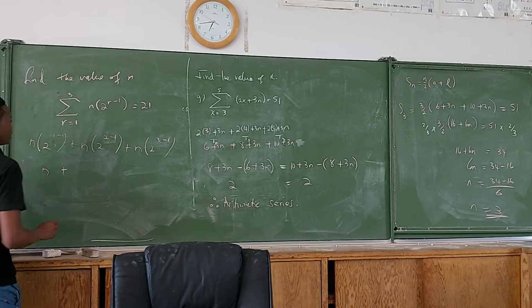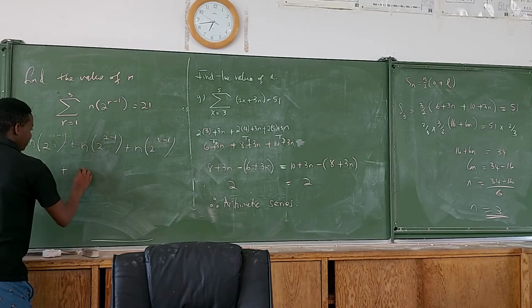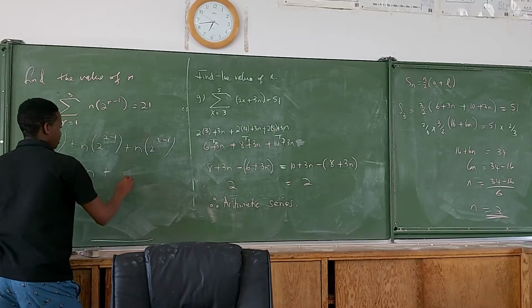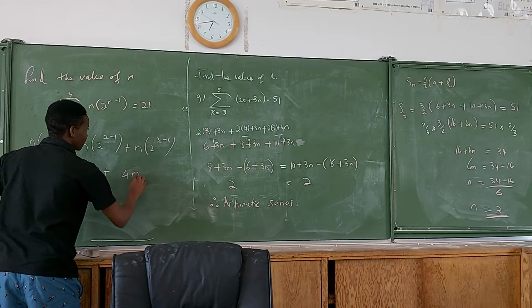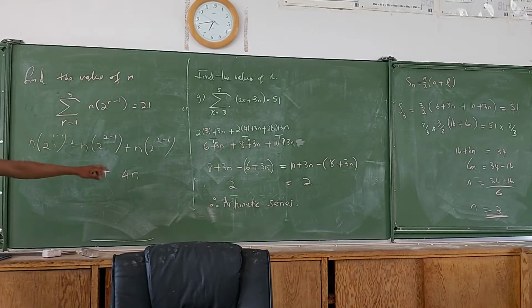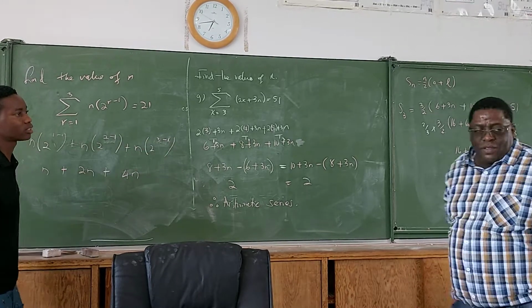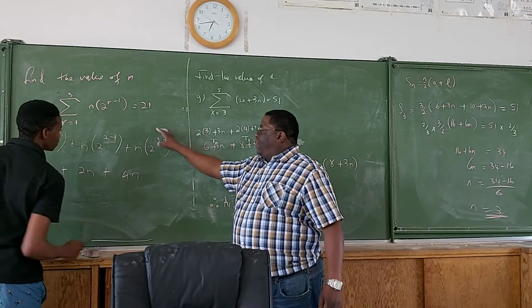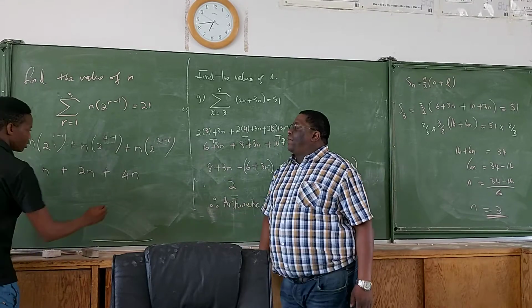Don't look at me, look at your friends. Okay, and then the next one becomes what? And the next one becomes? 2 raised to 2. You guys get? This becomes 2 squared, 4.